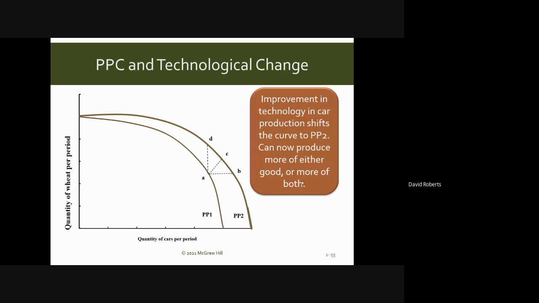So if there is a way to improve the technology in cars, new equipment, new technology comes along, so we can produce more cars. We can go from A to either B, C, or D, but you may notice that it doesn't affect the wheat at the y-axis.